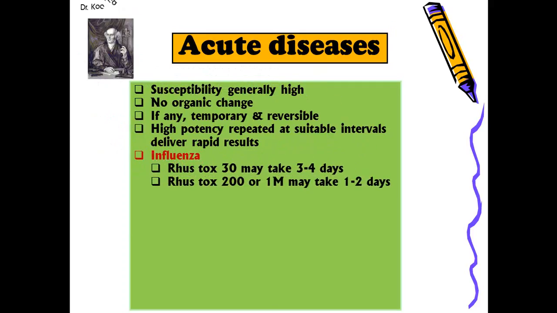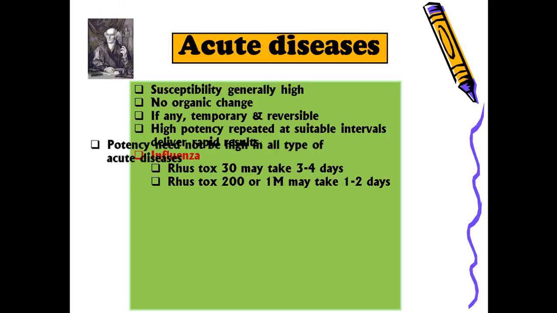Rhus tox 30, if you give in viral fever, it may take 3 to 4 days, whereas Rhus tox 200 or 1M may do the work in 1 to 2 days. You can see it in your own practice when you prescribe in low potencies and when you prescribe in high potencies in acute conditions. Of course the symptoms have to be similar, your medicine has to be correct, that is a presumed issue.